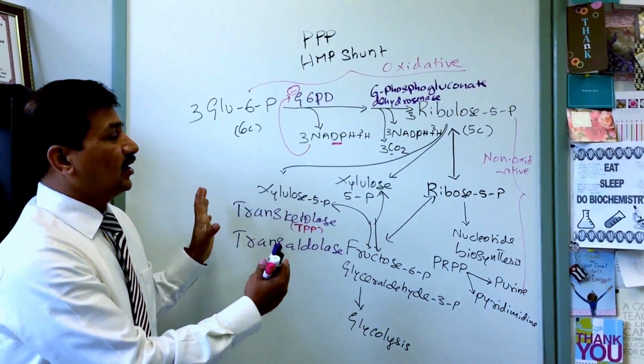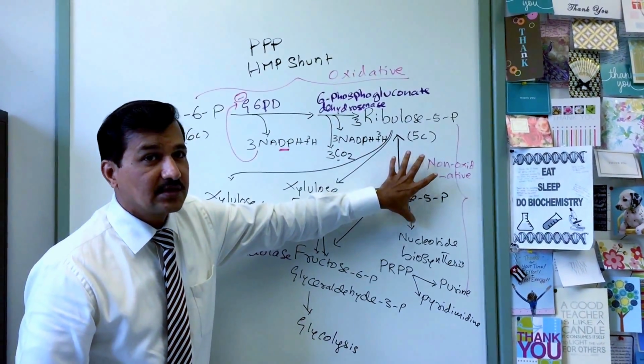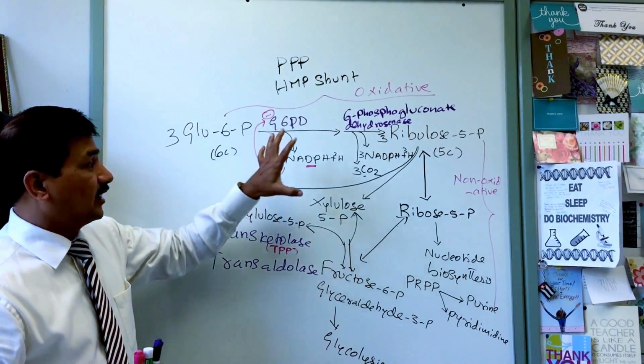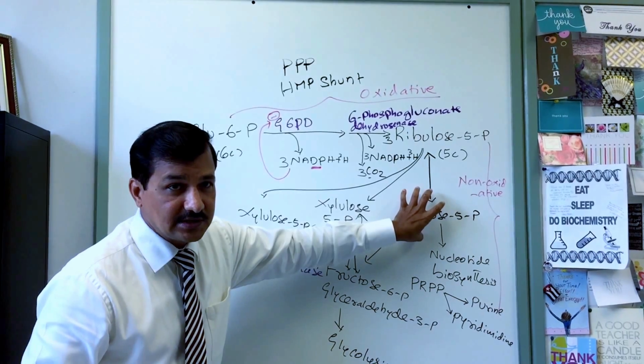Okay, so depending on the cell needs, the oxidative phase or non-oxidative phase of the pentose phosphate pathway will provide whatever molecule that it needs, whether NADPH is needed or ribose 5-phosphate is needed.